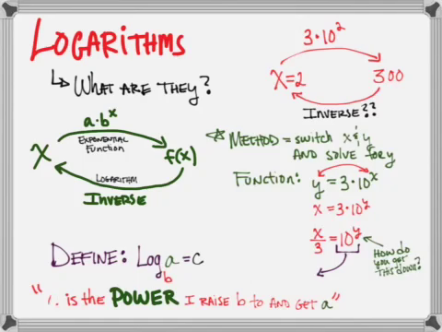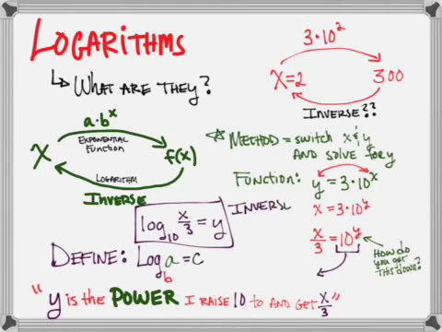Well, if I look at what we have, y is the power I raise 10 to, and I get x over 3. So log base 10 of x over 3 equals y. That's my inverse.